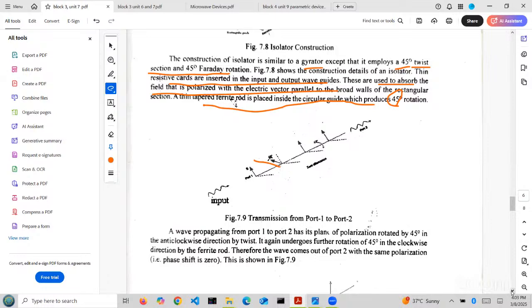So both will cancel each other. Whatever wave you are giving across the input, the same wave appears across the output when going from port 1 to port 2. Going from input to output, 0 degrees phase shift, which is given below figure number 7.9.